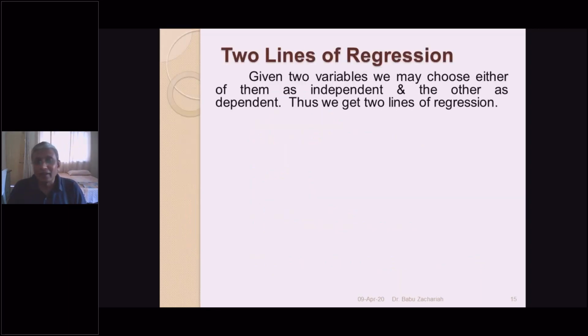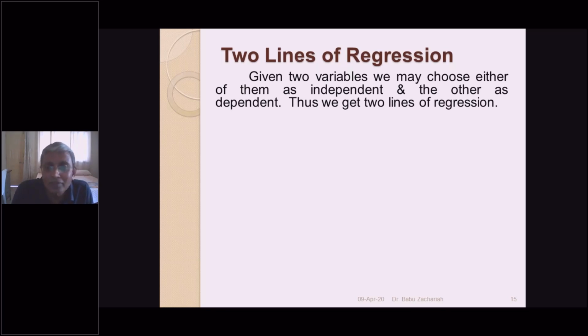Two lines of regression. Given 2 variables, we may choose either of them as independent and the other as dependent. Thus, we get 2 lines of regression. So out of x and y, you can take one as independent, other as dependent.